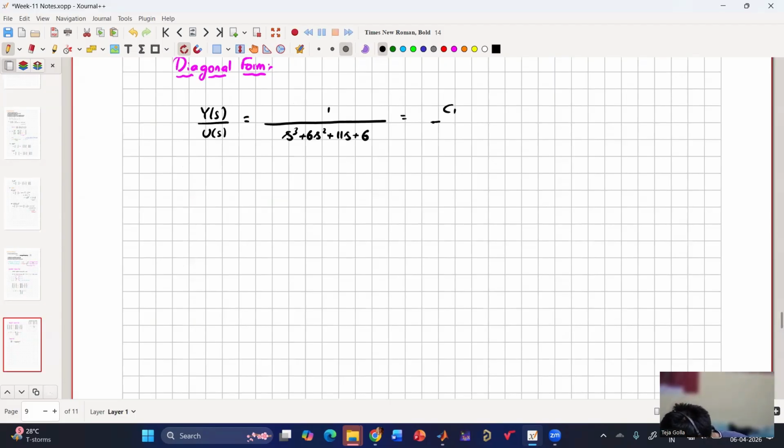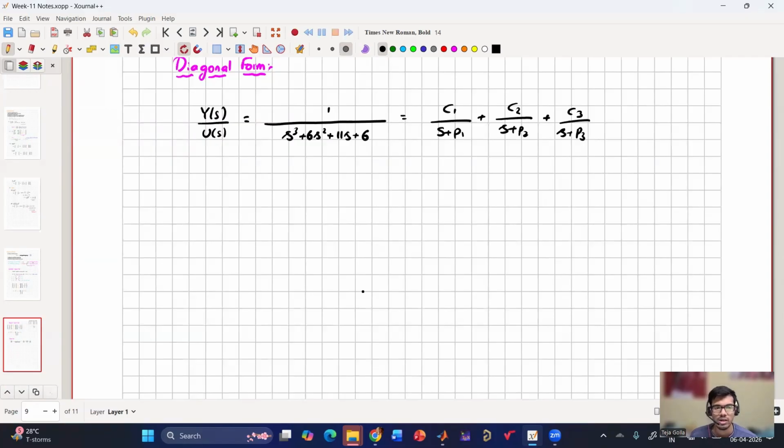Now I'll get c1 by s plus p1 plus c2 by s plus p2 plus c3 by s plus p3. So now I have to factorize the denominator and then apply partial fractions to get each of these expressions. We'll deal with these individually rather than combining them.